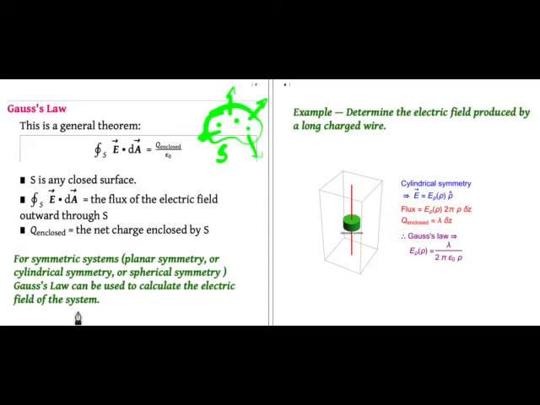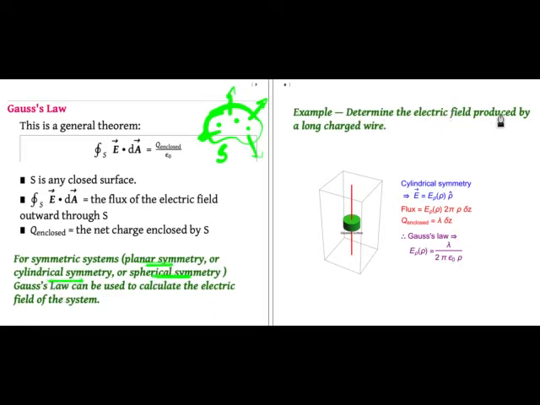There are a bunch of examples of this in the chapter on the electric field in the textbook, probably examples of planar, cylindrical and spherical symmetry. And on the long kappa problems, you'll have examples of each of these kinds of symmetries. But let's do an example of cylindrical symmetry.